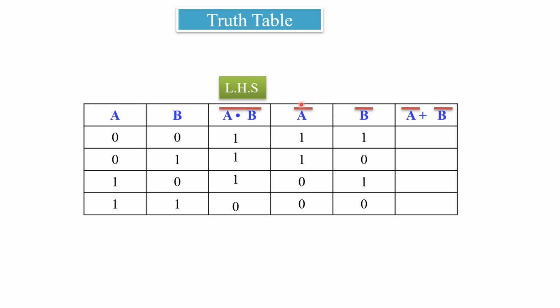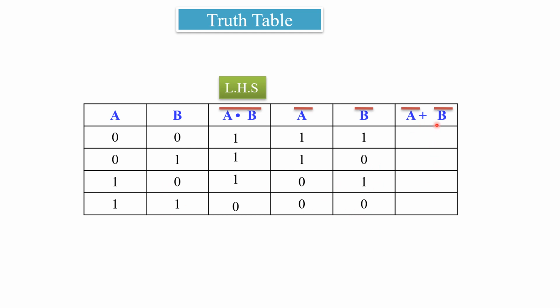For the right hand side, first we have to take the complement of the input variable, that is A. So the complement of A: 0 complement is 1, 0 complement is 1, 1 complement is 0 and 1 complement is 0. So we got A bar as 1 1 0 0. Similarly, we take the complement of the B input: 0 bar is 1, 1 bar is 0, 0 bar is 1, and 1 complement is 0.